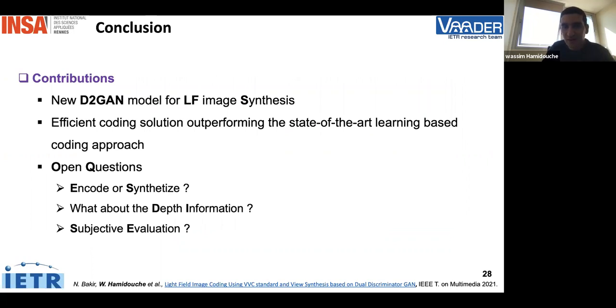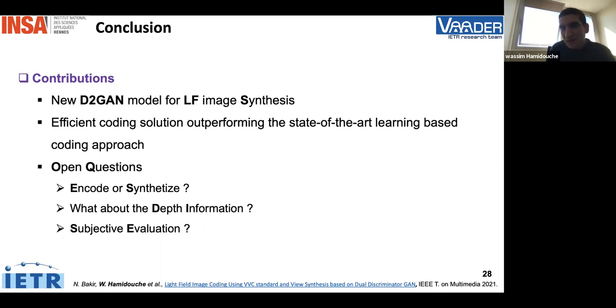synthesize the light field view, which performs a very accurate and good synthesizing performance. And then this scheme has been integrated in the coding solution with a rate distortion optimization block, deciding whether to encode with VVC or synthesize with this light field synthesis block.